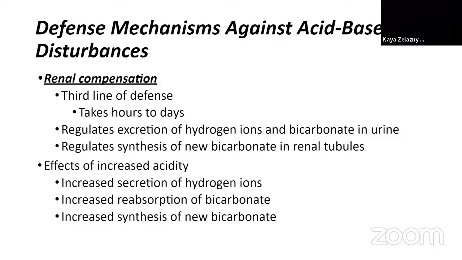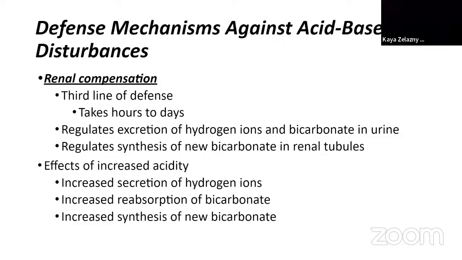We can also regulate how much bicarbonate we're reabsorbing versus excreting, right? That's kind of a balance. So most of it we're usually reabsorbing, but some is getting excreted. So we can change what that balance, what that ratio looks like. And we can regulate how much new bicarbonate we're making in the renal tubule.